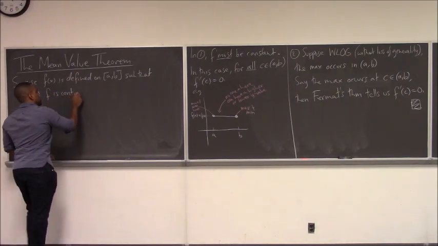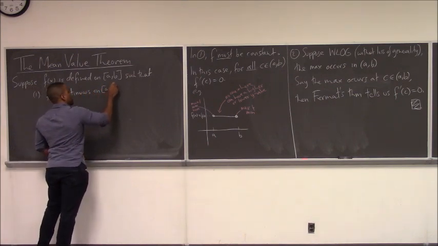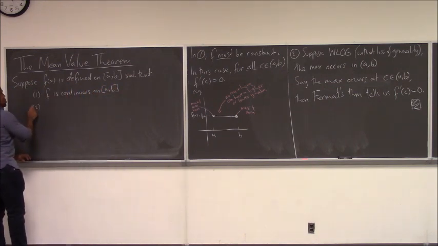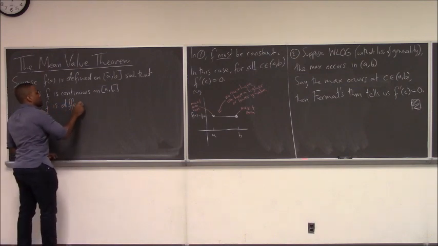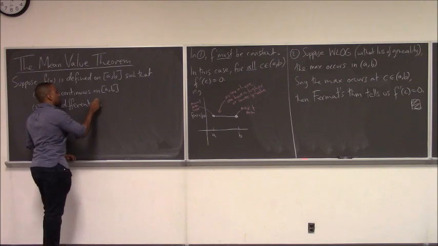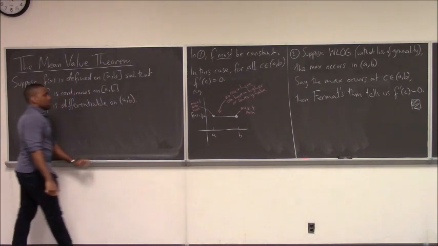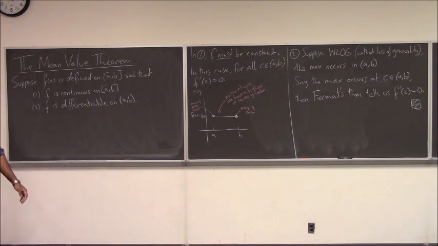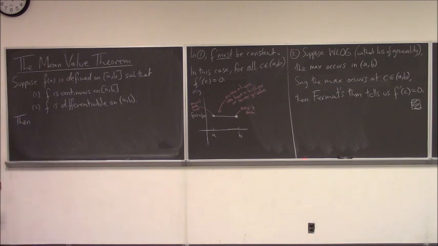Again, let's assume it's continuous on the interval. And 2, f is differentiable on the open interval. Means its derivative will exist at all points inside. No other assumption is made. Then, right, so we're not making the third assumption.